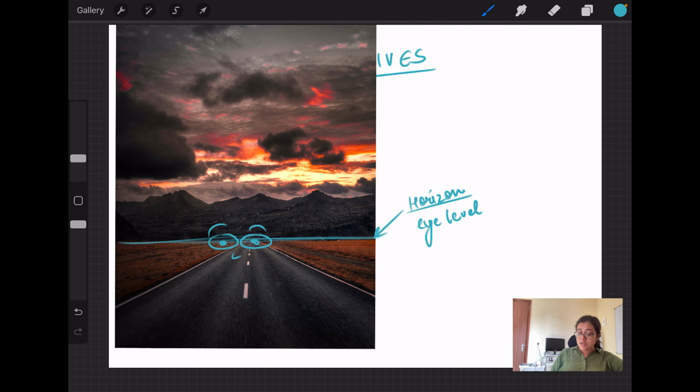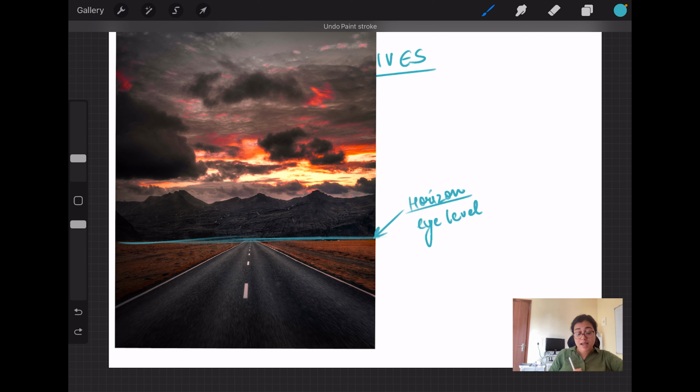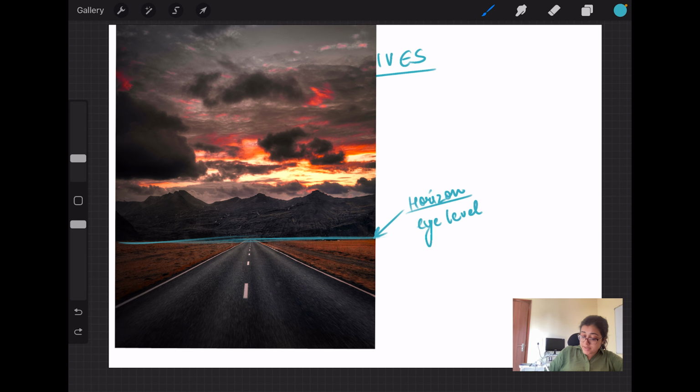Now the next term we need to understand is this point. The point where these lines look like they are meeting has a name, and it is called the vanishing point. Now let's talk about these lines.